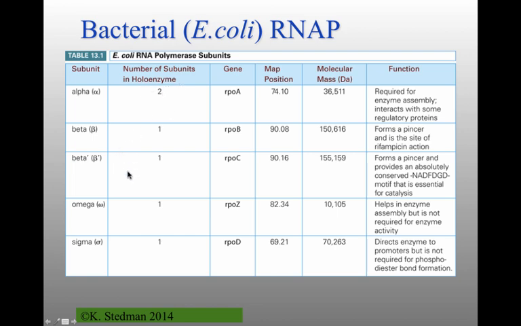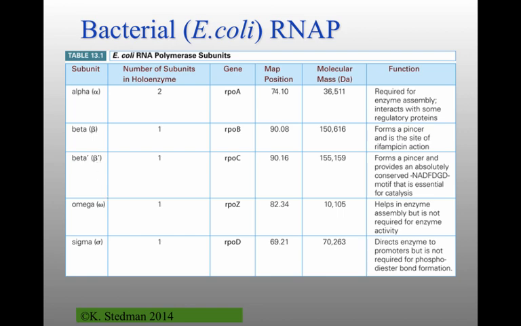Some people talk about this omega subunit. The omega subunit is actually just important for getting that really complex structure together. Turns out once you've put your structure together, you don't need that anymore. But the business end of your polymerase are really in these beta and beta prime subunits. That's where you have the polymerase activity. Sigma, we talked about, that's your specificity factor.